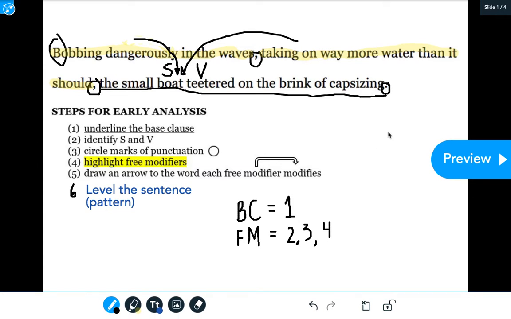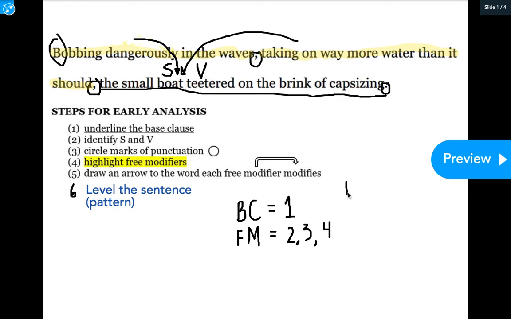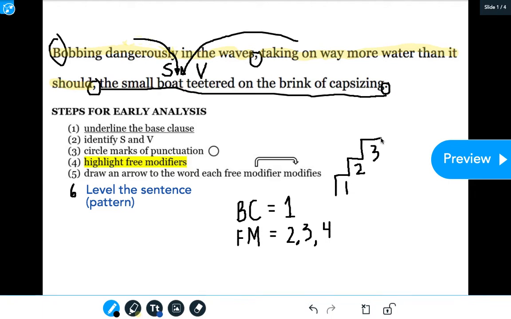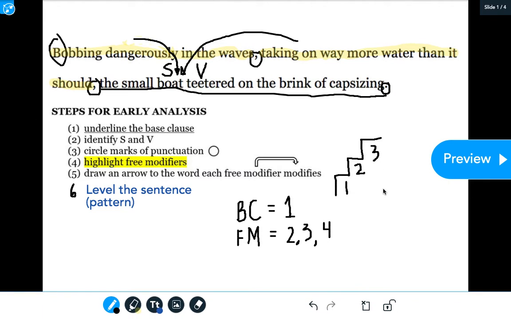So essentially what that means is, let's say that you had a staircase, and step 1 was step 1, there's step 2, there's step 3, and as we go up these stairs, by the way, this is an analogy for this idea of leveling a sentence or finding out what the pattern is.